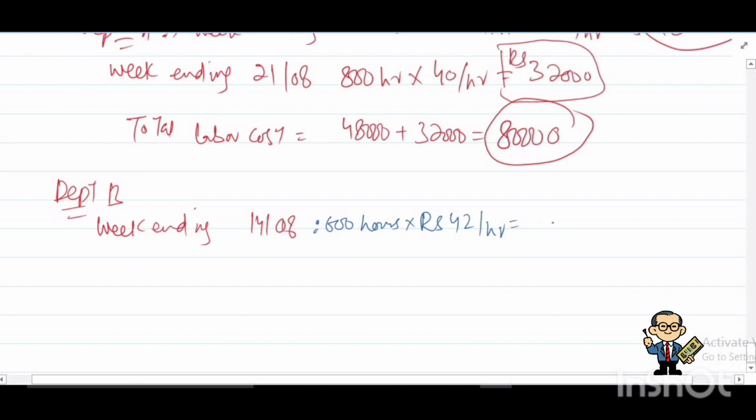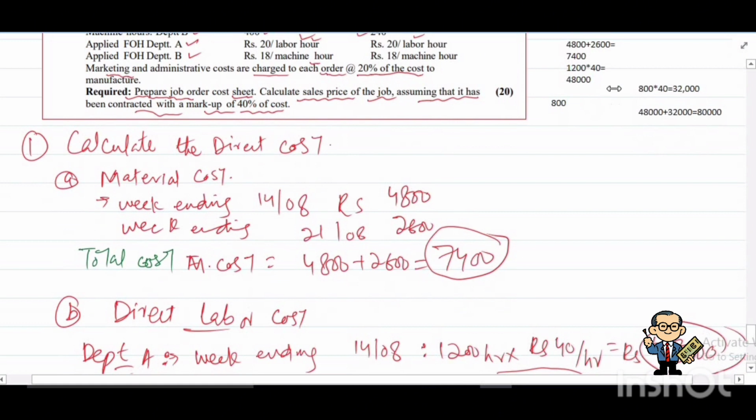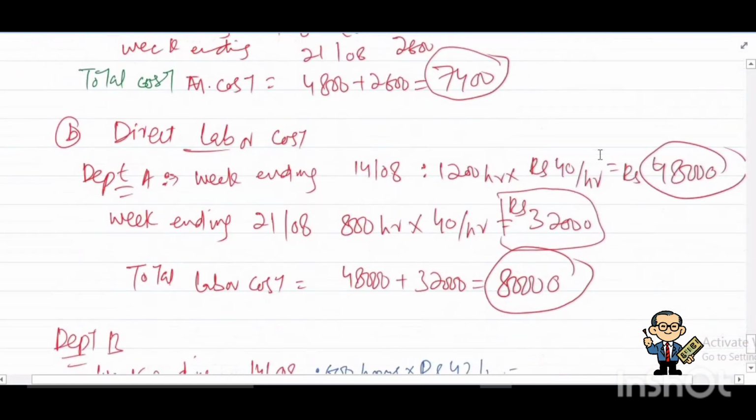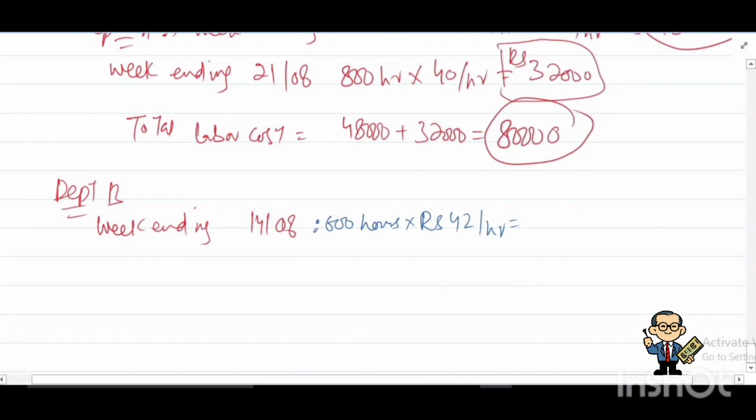And when you calculate it, let me calculate for you people here. 600 multiplied with 42 and you will get 25,200. So we write here 25,200.